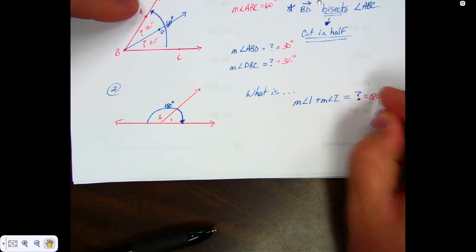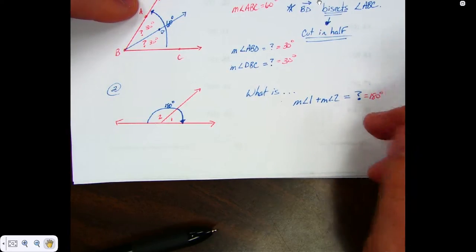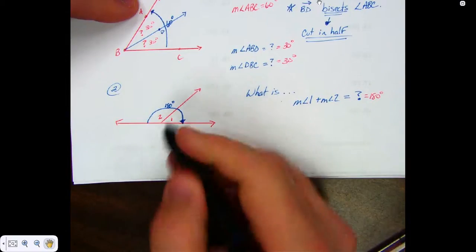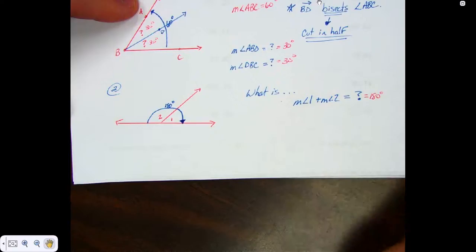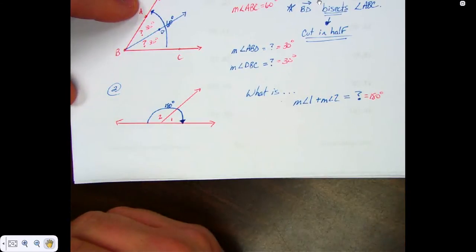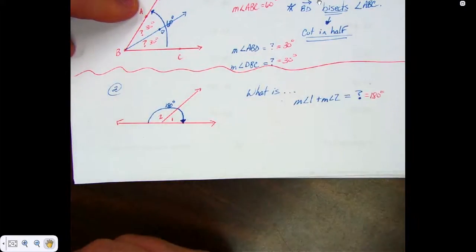So the measure of angle 1 plus the measure of angle 2 has to be what? Pretty easy concept, huh? Yes, sir.